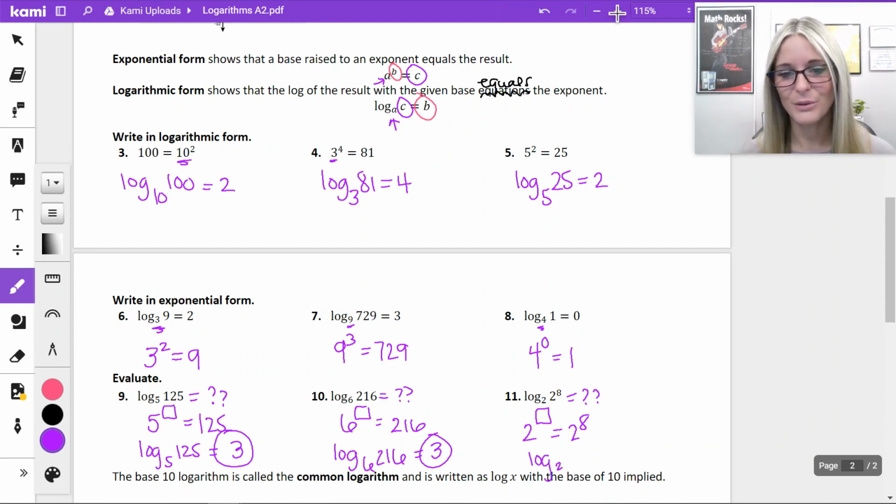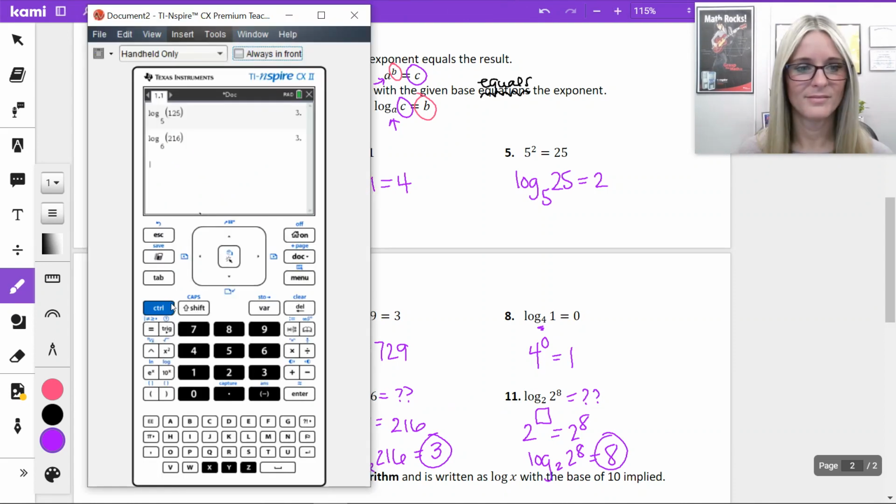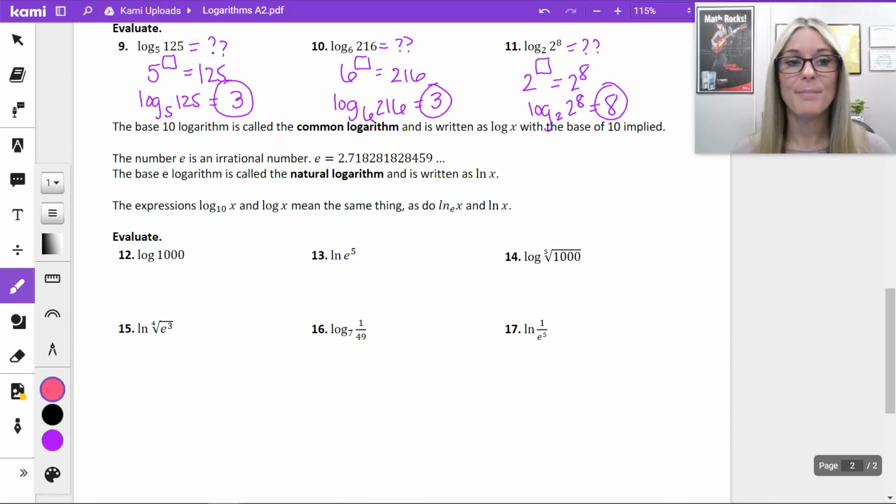Log base 2 of 2 to the 8th is equal to 8. That missing exponent is 8. So let's see what the calculator does. Control for my log, we had log base 2 of 2 raised to the 8th is 8. Yes, perfect.